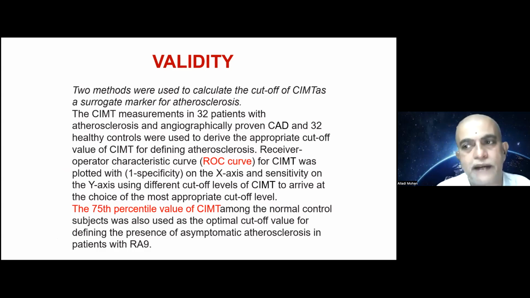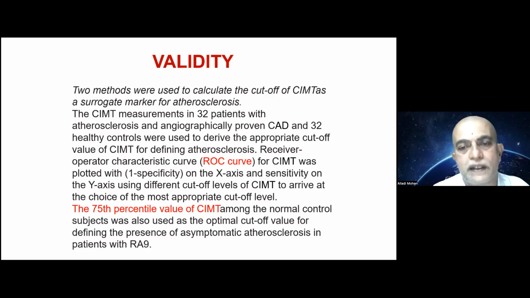Till such point in time, people were either adopting the cutoff defined in guidelines, more than 0.88, more than 0.9. These are data derived from Caucasian population, different from ethnic groups in other parts of the world. Some others were taking 75% of the median or something like that. So there was no clear-cut definition of the cutoff.